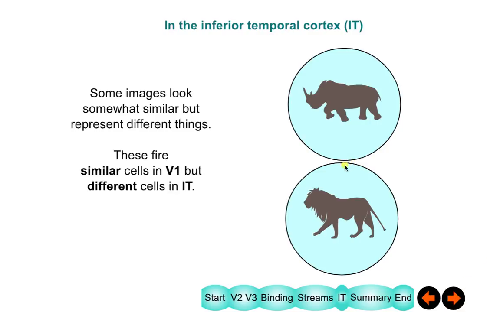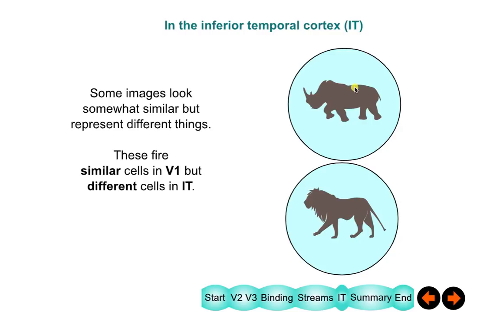So the other interesting thing is that in IT, objects that are very different, like this is a rhinoceros and this is a lion, and so he can tell the difference between the two. But if you look over here, V1 would light up for this edge, and V1 would light up for this edge.